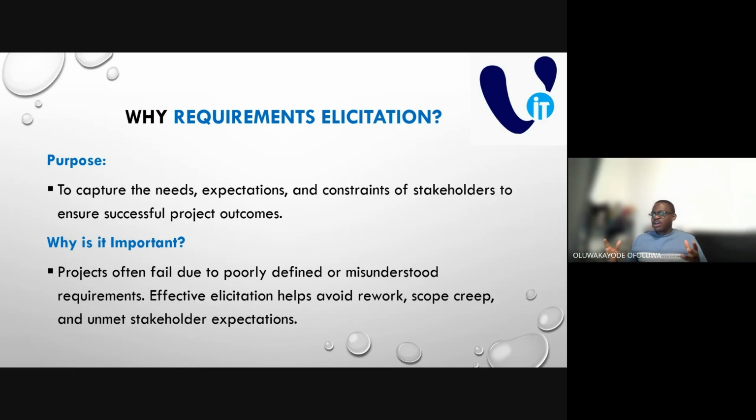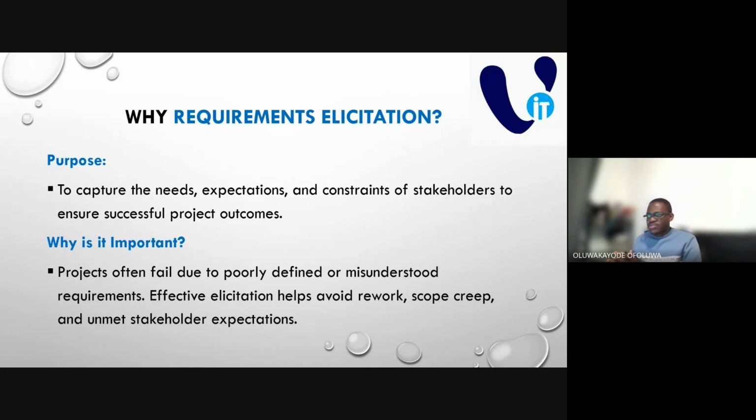Because of poor planning or misunderstood requirements from the beginning, we get to fall into a lot of traps, like scope creep, rework, having to do the work again, or unmet stakeholder expectations, because the stakeholder may not even communicate in an appropriate way, or in a way that it's easy for you to understand.